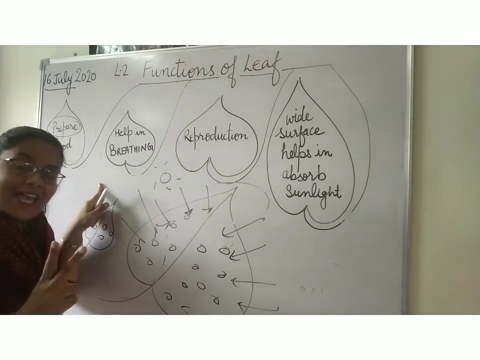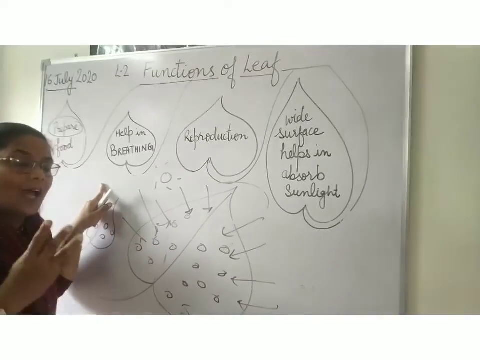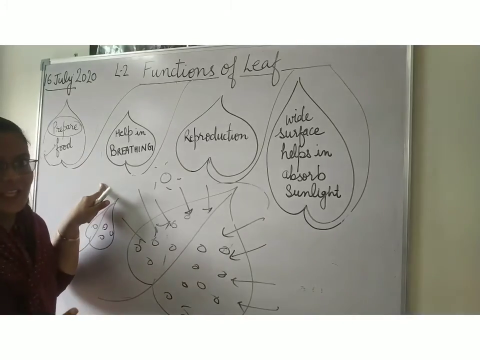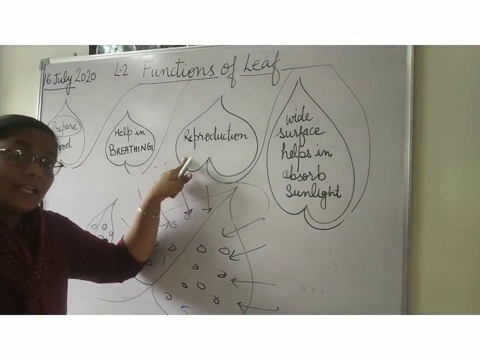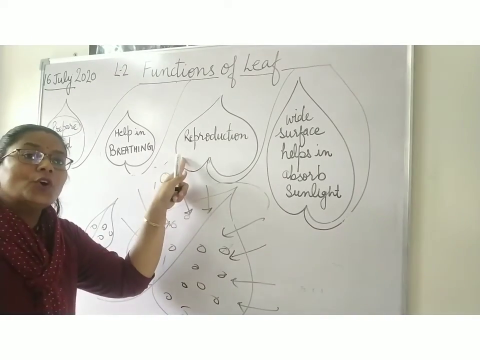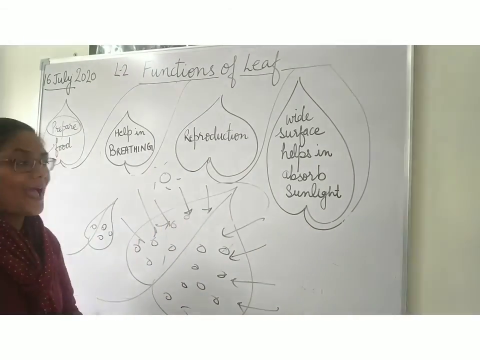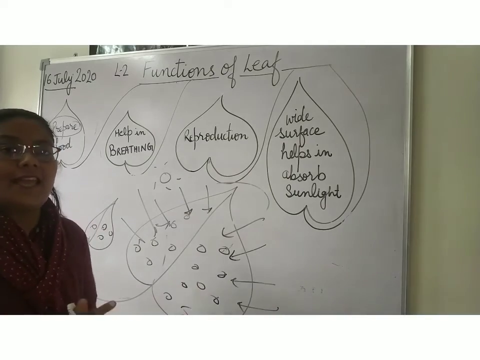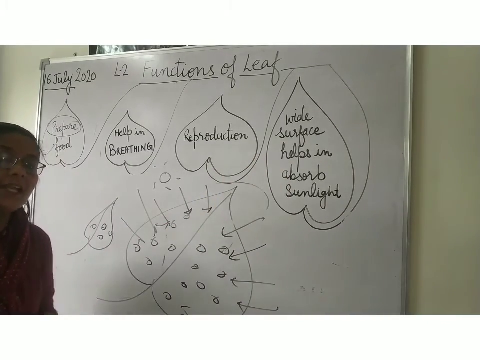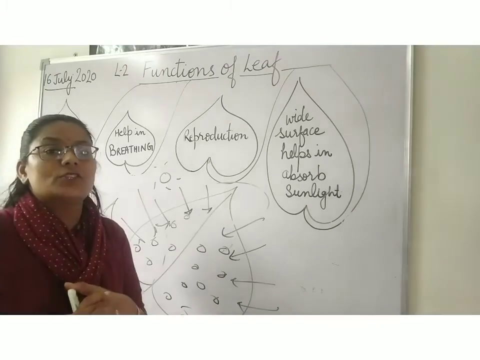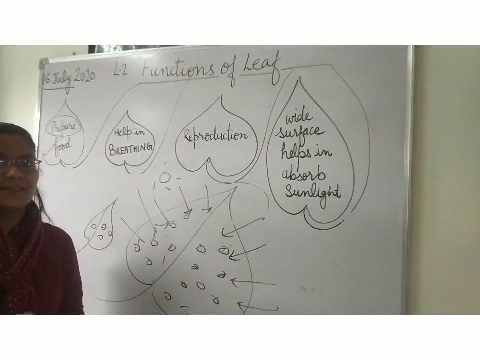Along with it, gaseous exchange takes place. Along with it, transpiration takes place. Next function, reproduction. Leaves help plants to reproduce new plants. And the wide surface area of the leaves helps in absorption of sunlight, which helps in the process of photosynthesis.